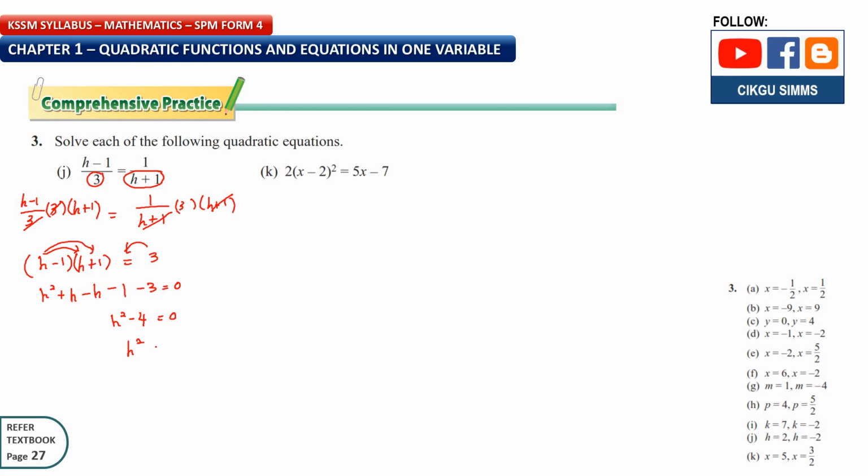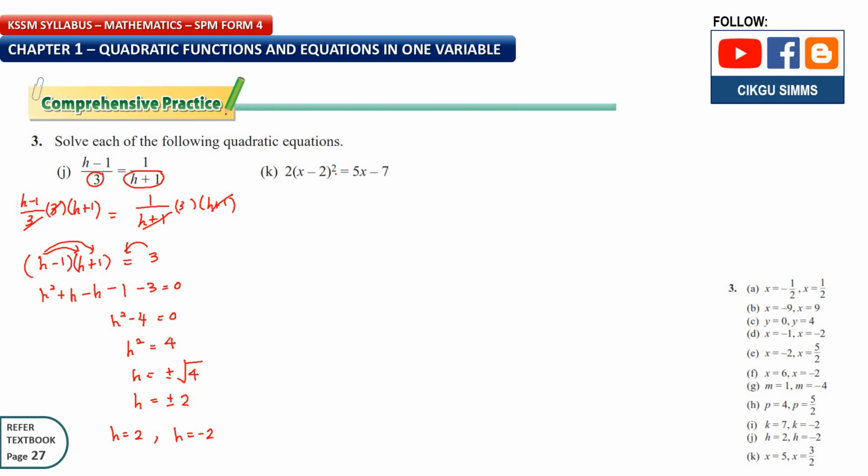So h squared is equal to positive 4. And your h is equal, whenever you move a square, you need to put a plus minus. Square root of 4. And then you get plus minus 2. So your h has two answers. One is positive 2, one is negative 2.